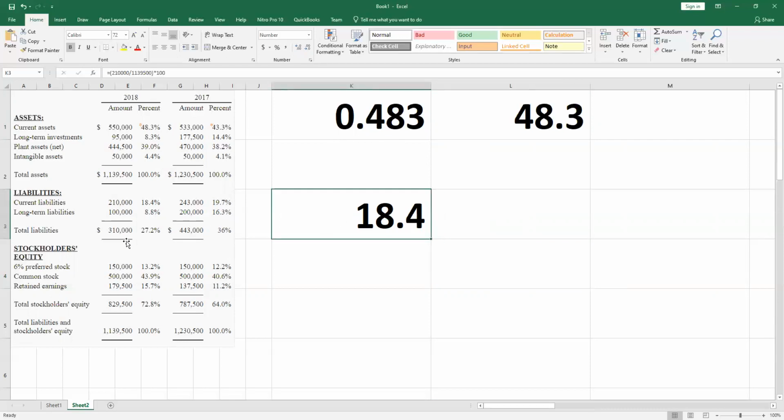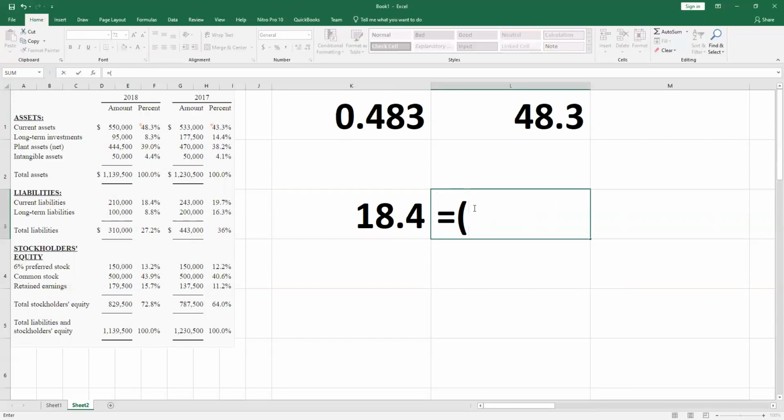In the same way I can do it for the current liabilities in the year 2017. So you will have here 243,000 divided by 1,230,500.